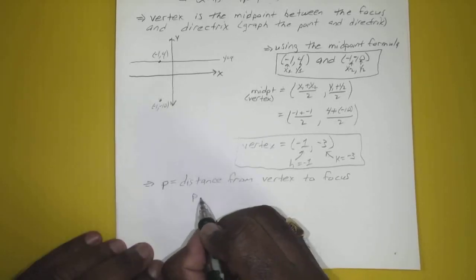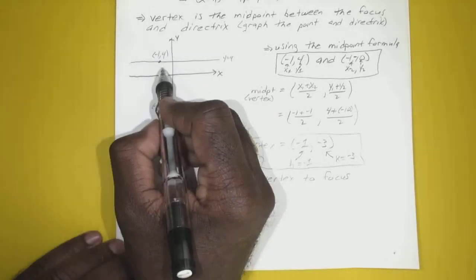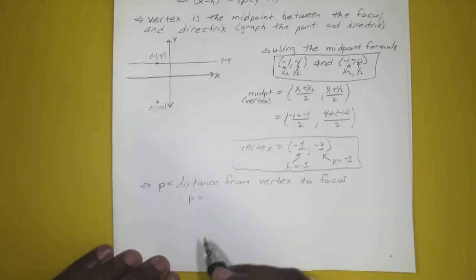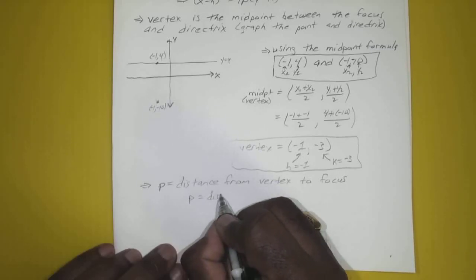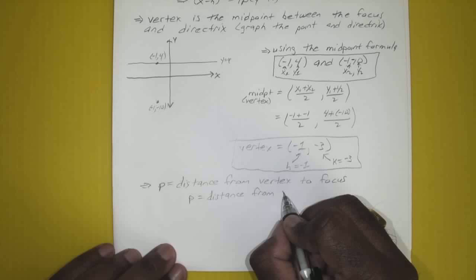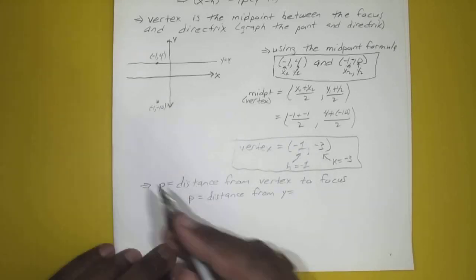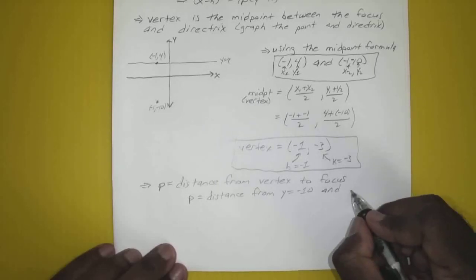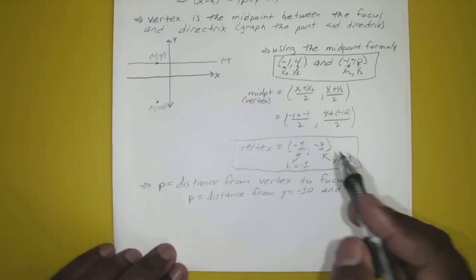So that means p will have to equal, because remember, you're looking for a y value, the distance between y equals negative 10 and y equals, where's our vertex?